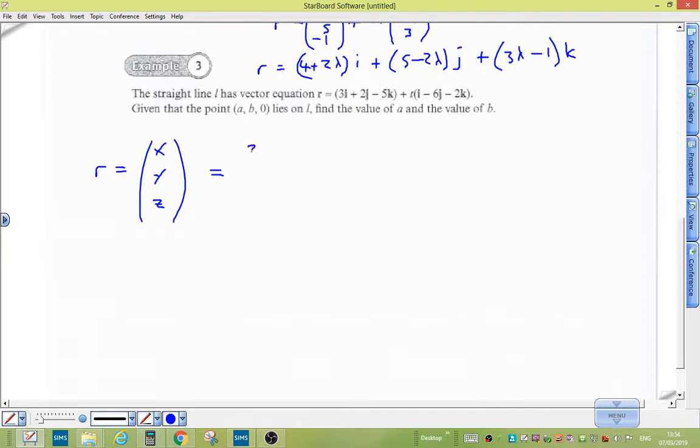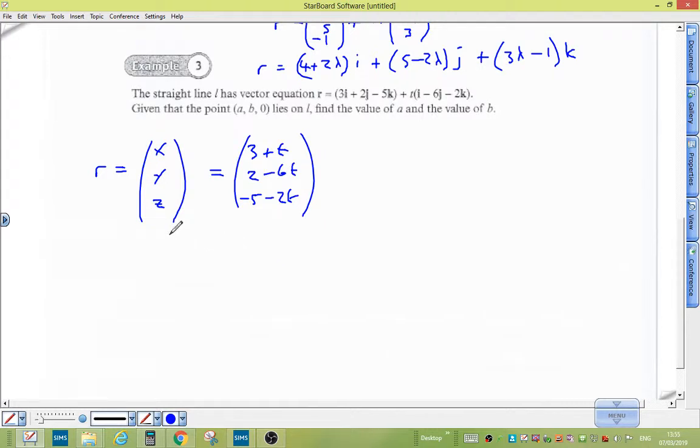So 3 plus t, I would write as column vector 2 minus 6t, and minus 5 minus 2t. So that column vector has got to equal that column vector. Do you all see where all those came from? Yeah, you all understand where that came from.